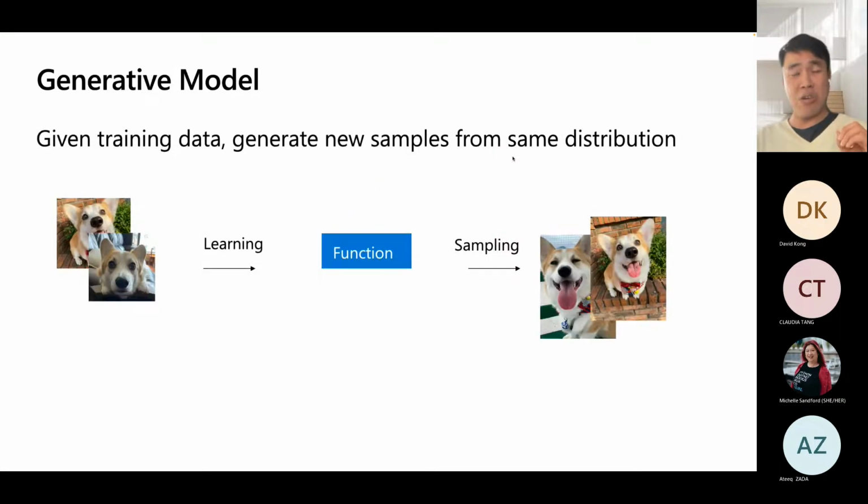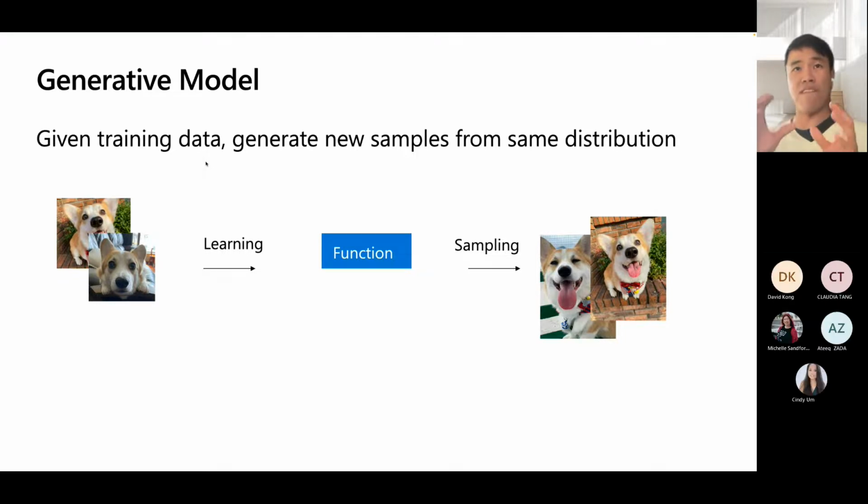So in today's topic, we want to generate images, and one way we can do this is to create a function that maps the training images to create some samples, and this is called a generative model.